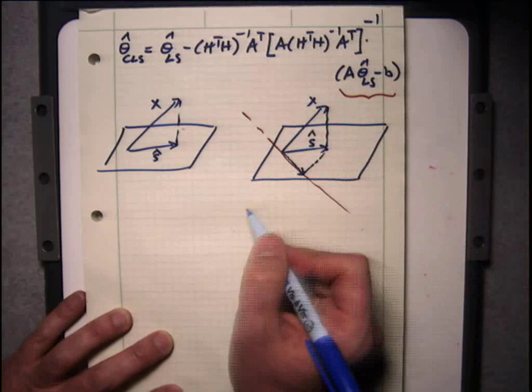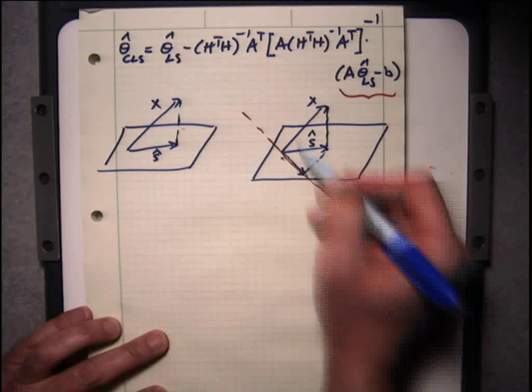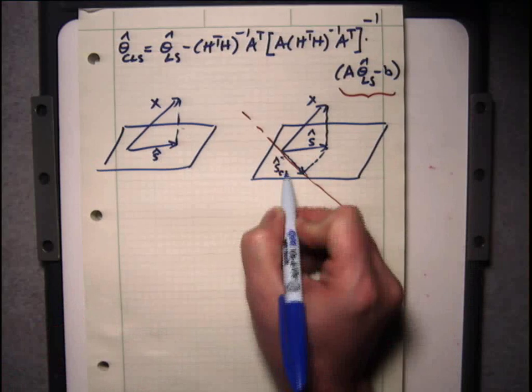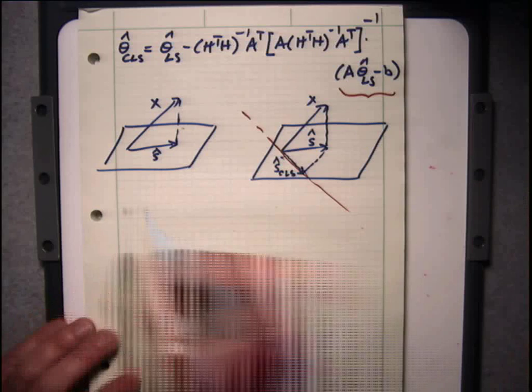This guy will satisfy both, it will also live in this space and at the same time satisfy the constraint that you wanted. Okay, so this guy would be s hat, constrained least squares. Let's see an example.